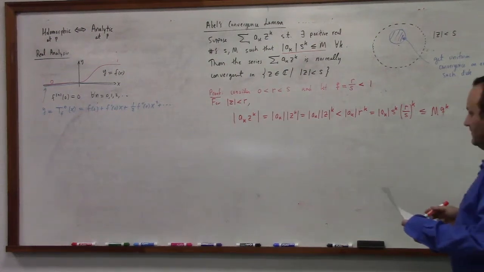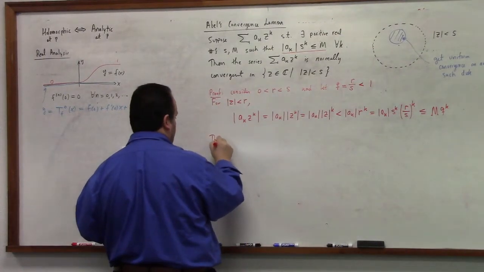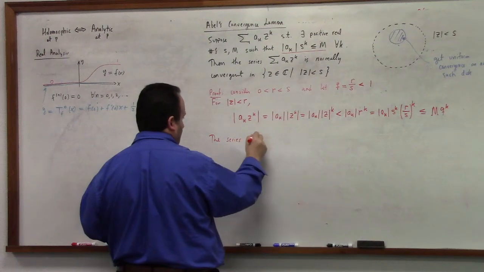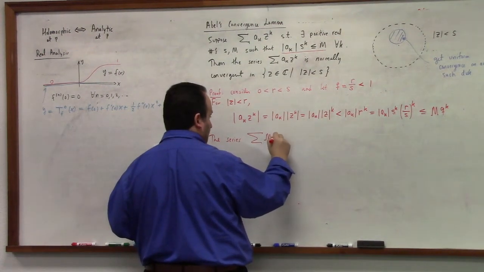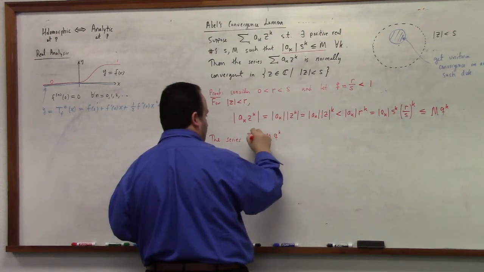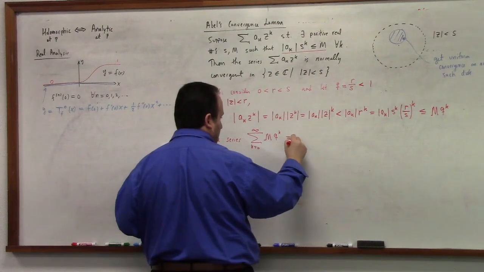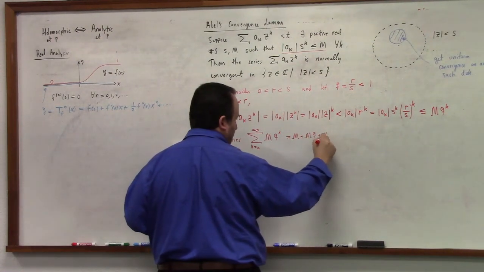Great. And what can we say about that? The series sum over M q to the k, what is that? That's a geometric series, isn't it? This is just M plus Mq plus Mq squared and so forth.